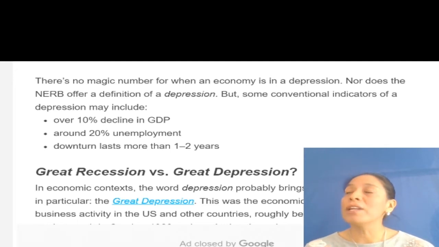We can't stop recessions from coming and going, can't stop them. What the government can do, and they fail to do, is to engage in programs.